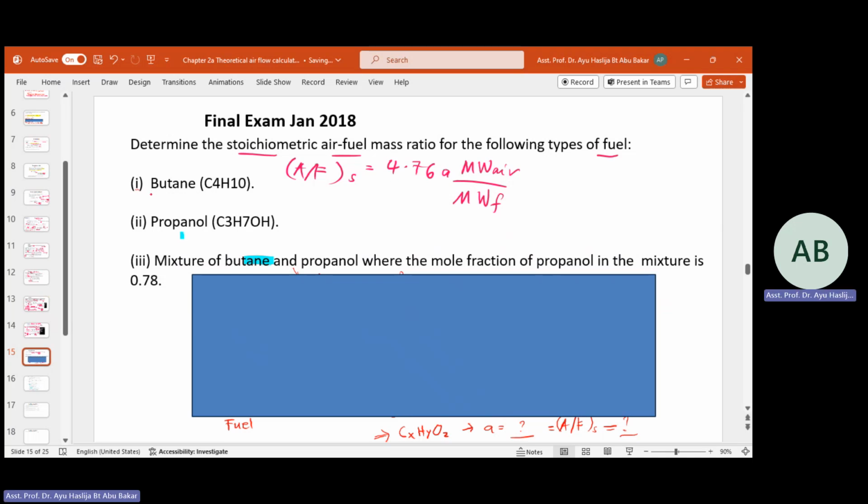So for number 1, butane, the A would be 4 plus 10/4, 6.5. Okay, then substitute in the AF ratio calculation, then you'll get the AF.